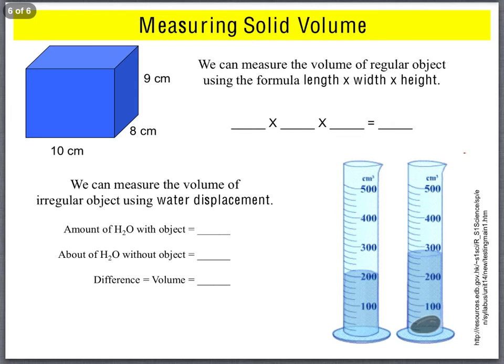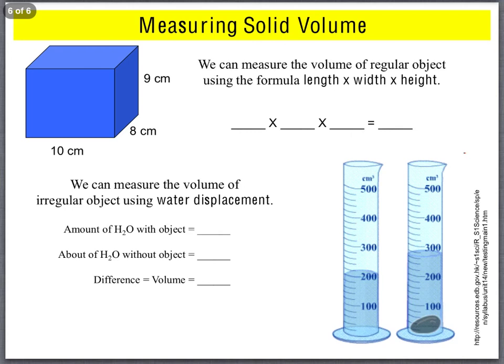The last thing we're going to look at in this video is measuring the volume of a solid. The top part of this slide shows how to measure the volume of a regular object. This is something you've probably all done in math class. Essentially what you need to do is simply measure the length, width, and height and multiply these three together to find the volume.